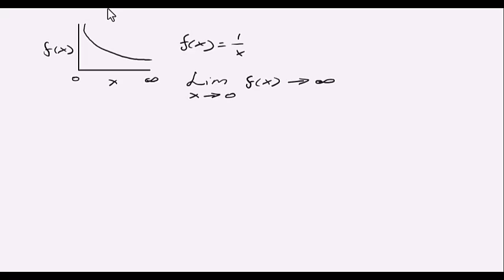Similarly, we can say that in the limit as x tends to infinity, so x is getting larger, the function of x tends to 0. So this is a useful thing to plot.